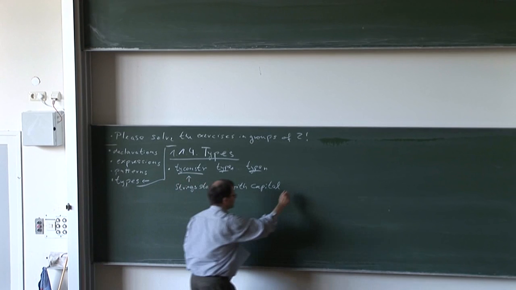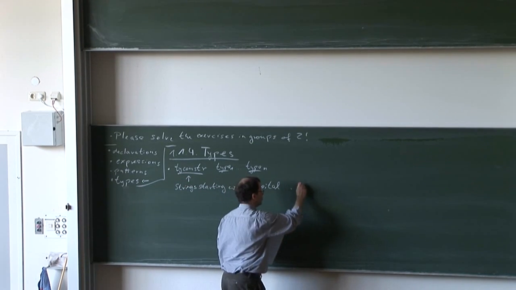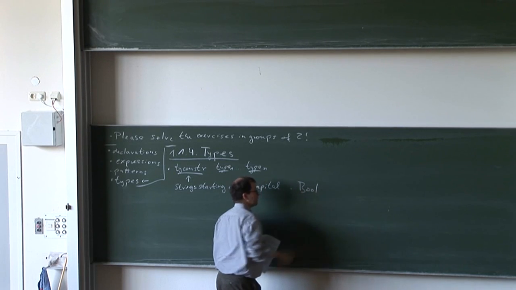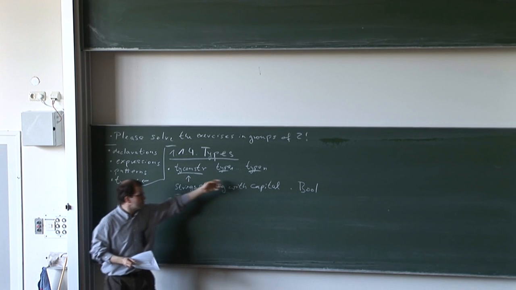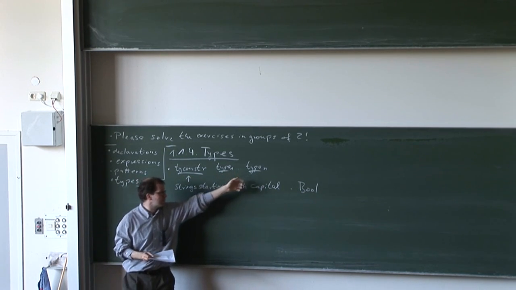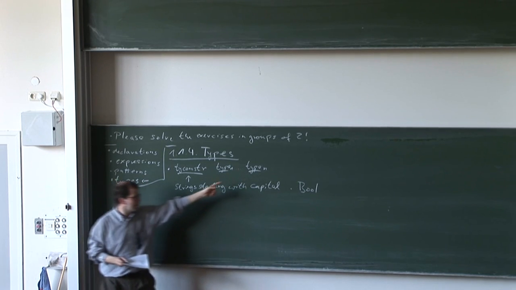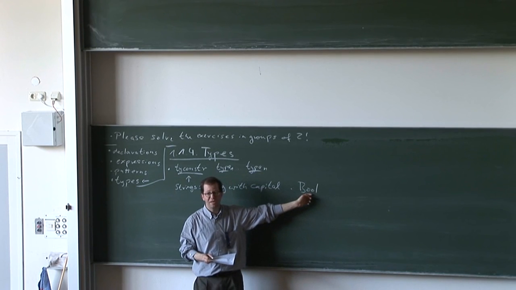So examples for such type constructors that we already know are, for example, Bool. So Bool is a type constructor of arity 0. It is a type constructor which does not take any type. Normally you get some input types and you produce a new type out of it. But n can be 0. So Bool does not need any input type. Bool is just a type on its own.